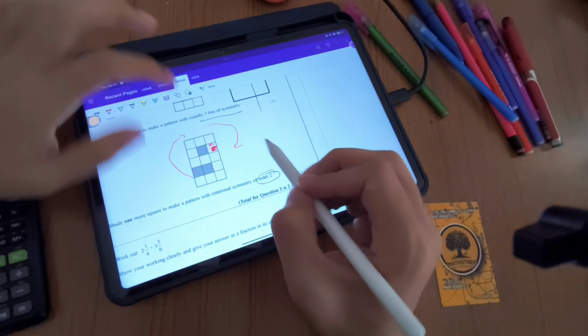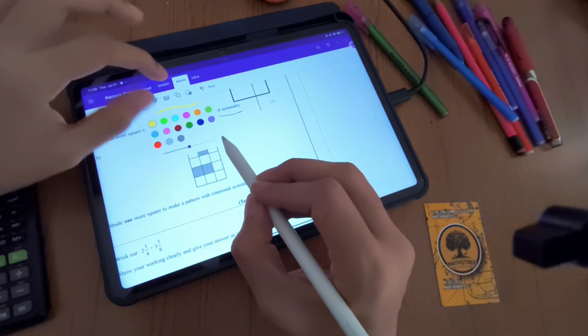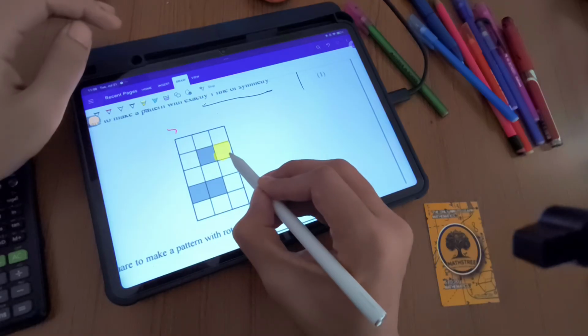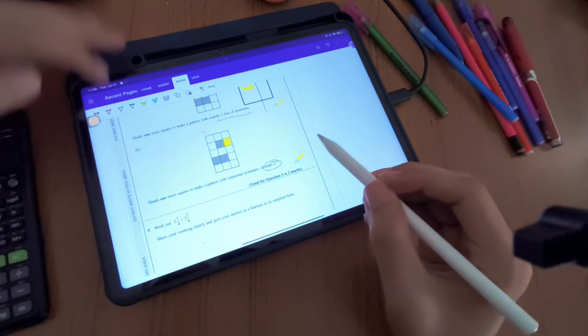Okay, so this should be your shaded part. So both of these actually get you 2 marks for your question.